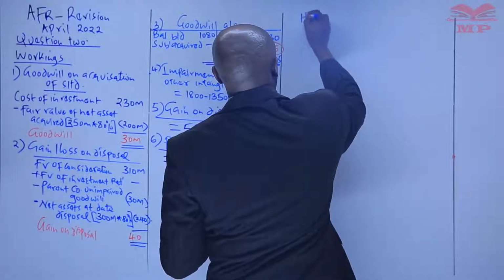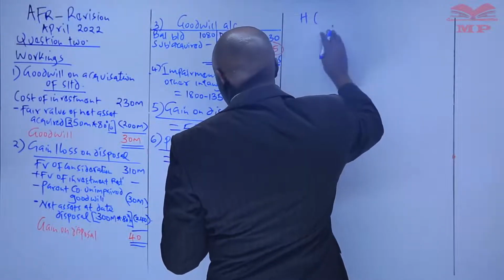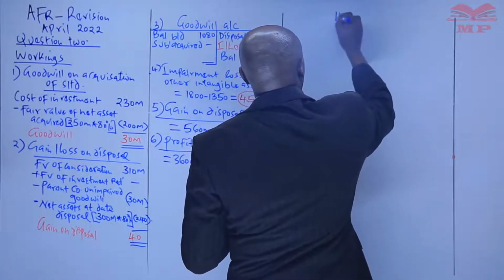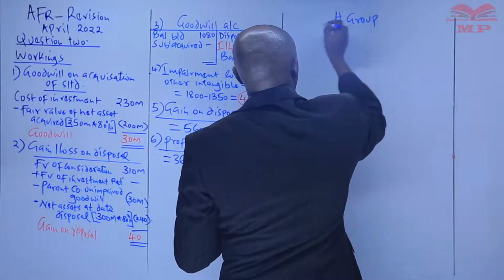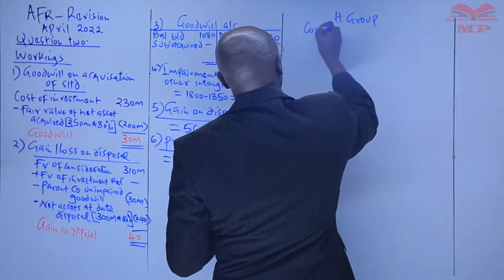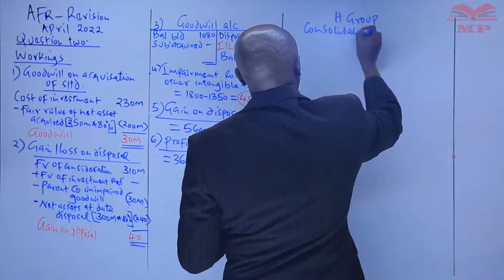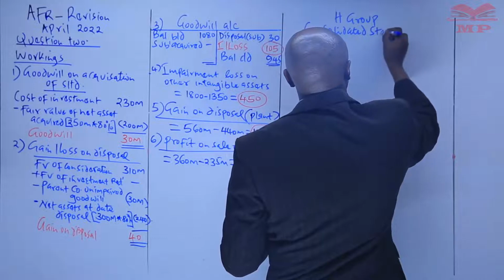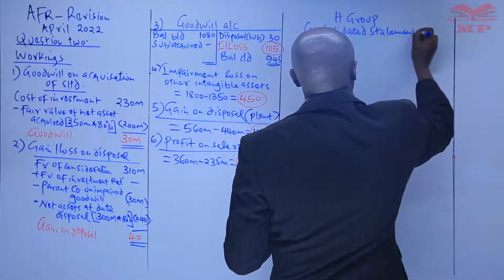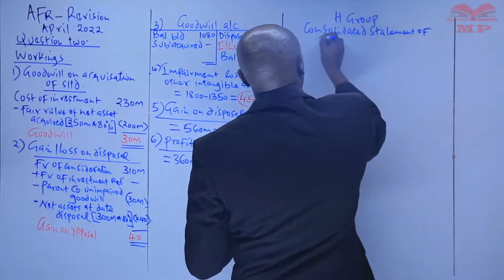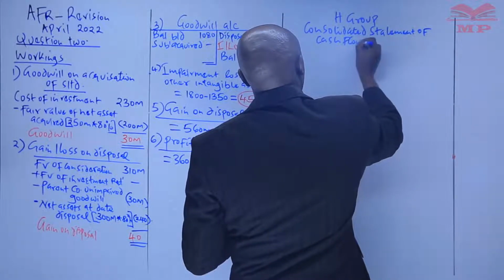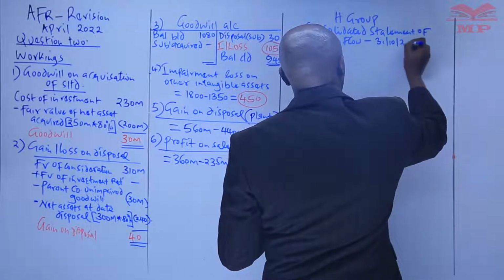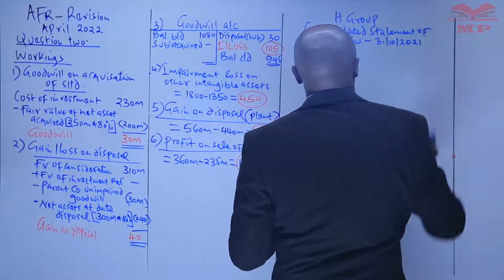So H Limited, or just we say H Group. H Group, this is a consolidated statement of cash flows, for the year which ended 31st October 2021.